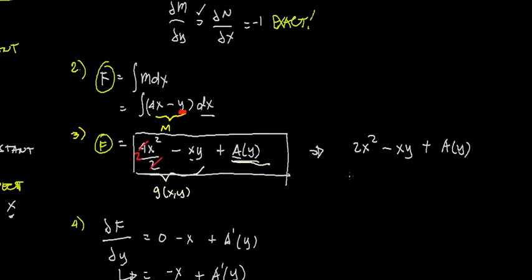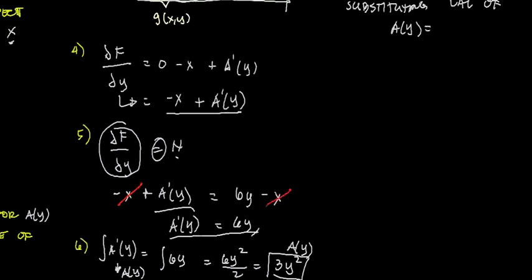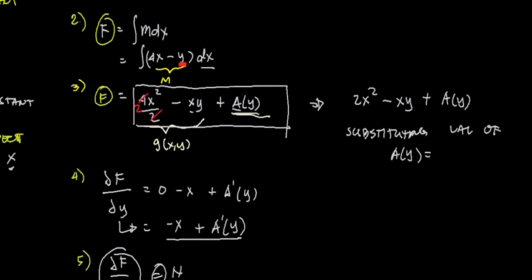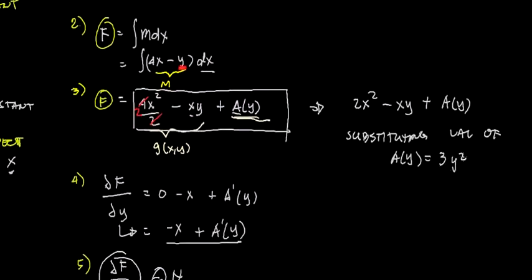And by substituting the value of A(y), which is equal to 3y squared, then our solution for the given DE is 2x squared minus xy plus 3y squared.